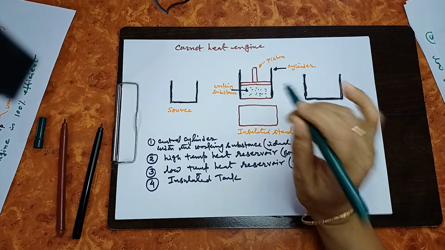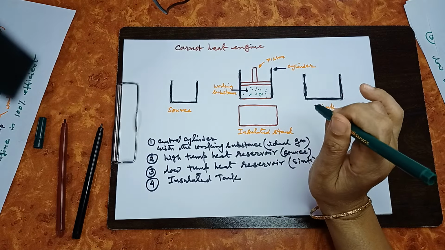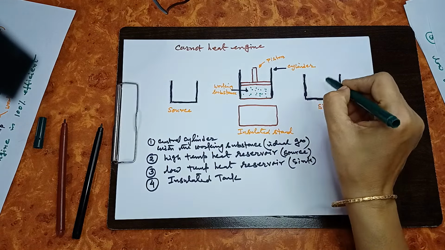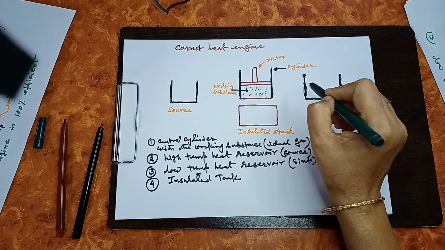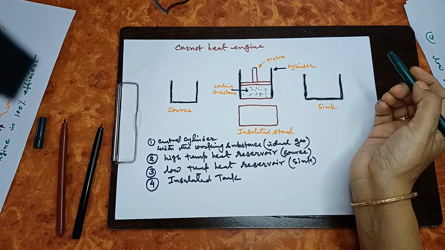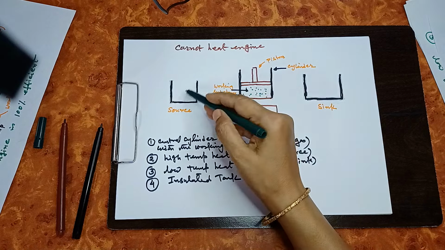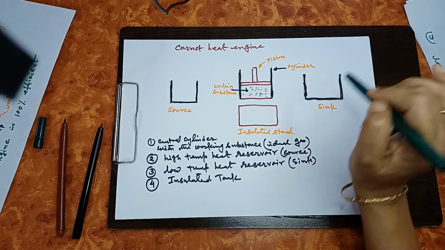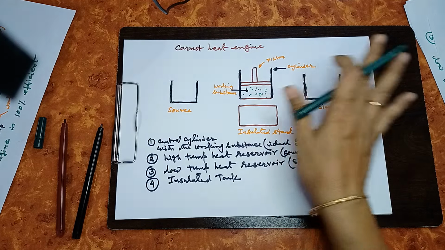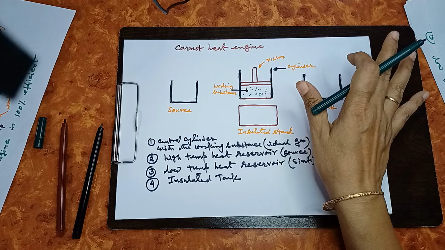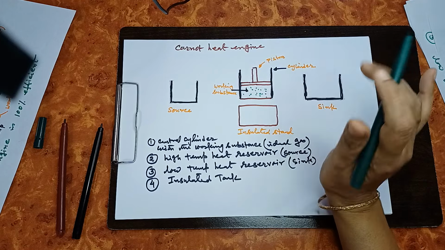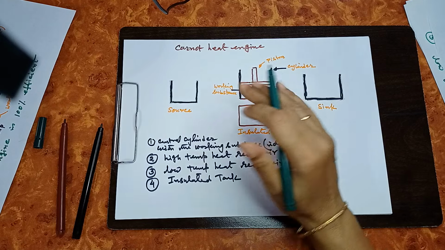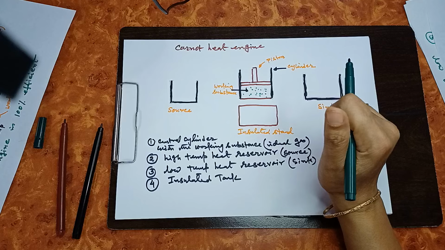Next point is, as I told you, this source and sink must have infinite thermal capacity, so that heat is taken from the source, or residual heat is released to the sink, but still the temperature will not alter. This is also not possible completely. And the last one, in Carnot cycle, all the steps are reversible steps.